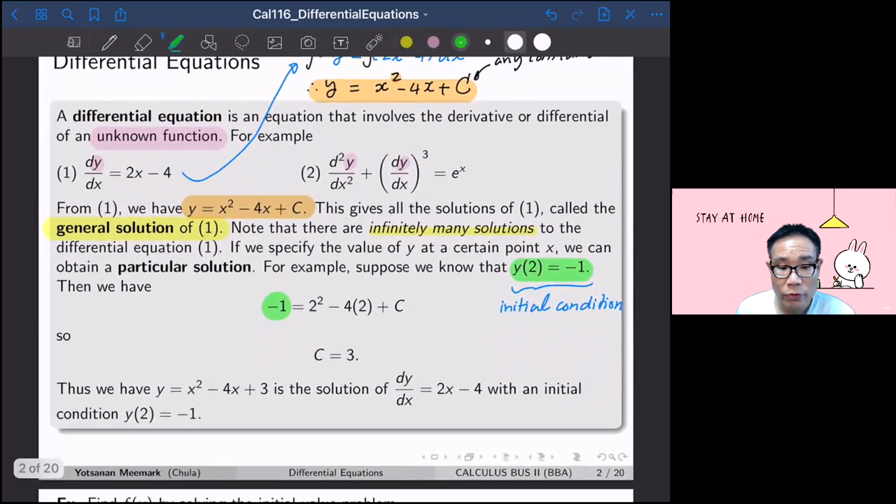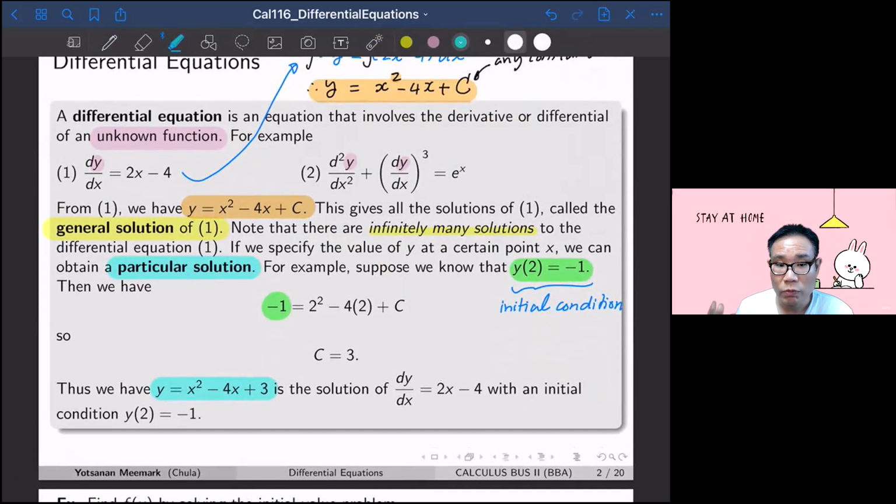After you know c equal to 3, you plug c into the general solution to obtain what is called the particular solution. This one is called the particular solution that satisfies the initial condition y(2) equal to -1.